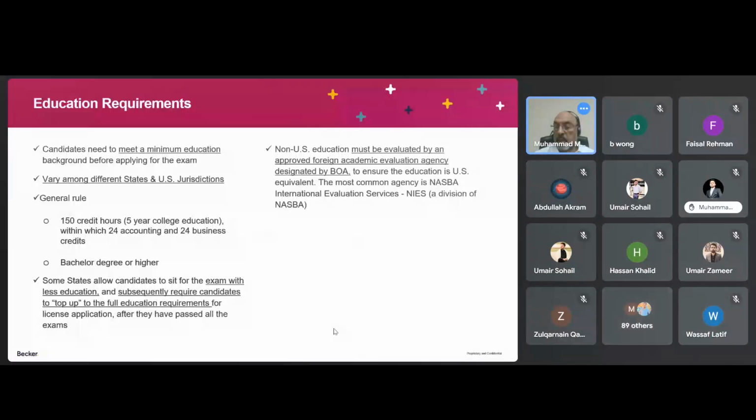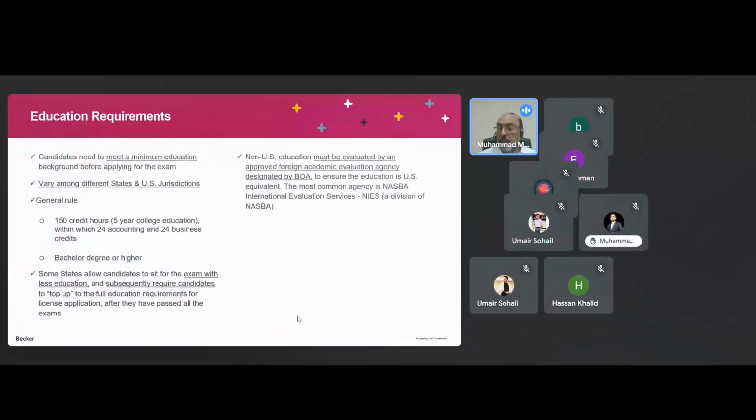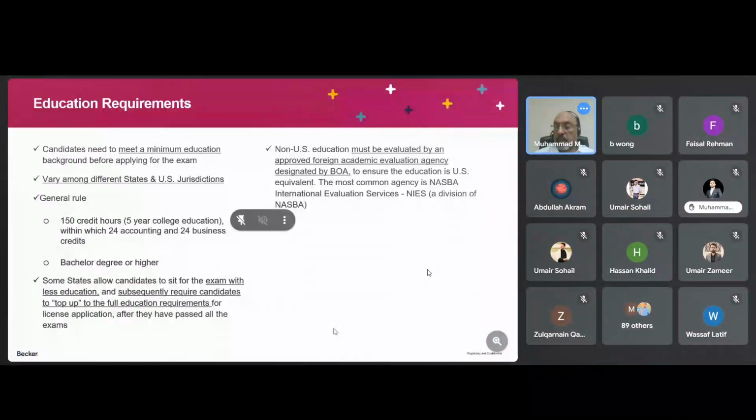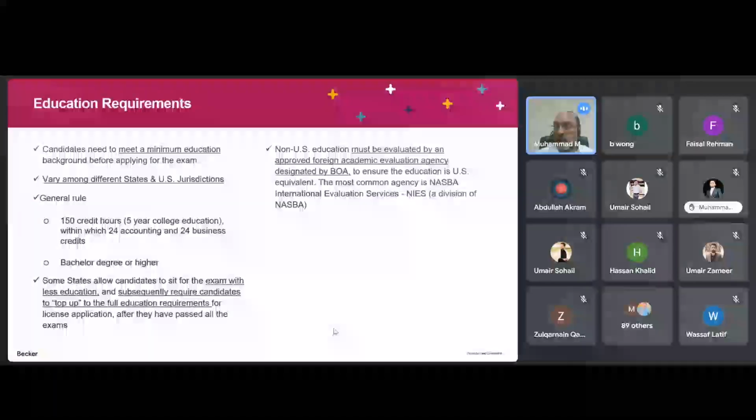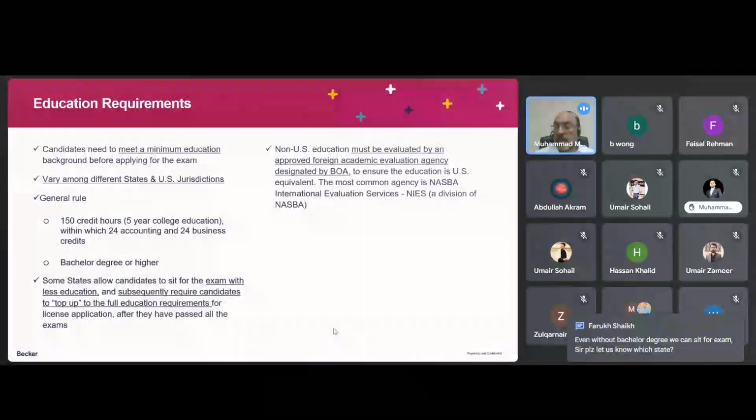It's very valid. The Board of Accountancy sometimes additionally requires a Social Security number, US residency, or US citizenship, but not all the states require that. There are certain states which do not require that. So we normally advise the student to go for those states.